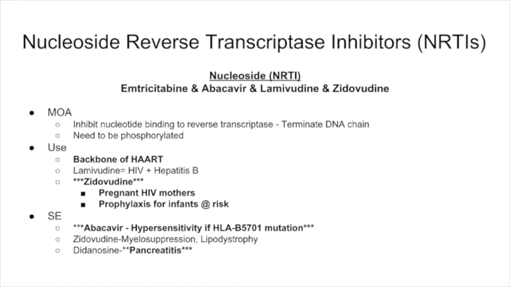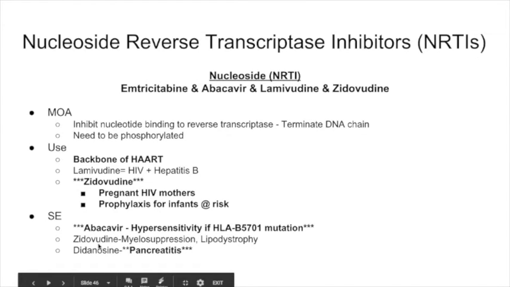And patients that are of Asian descent have a high risk of having this specific mutation, and we test a patient for HLA B5701 before starting abacavir. It's very important clinically, and it's very important from a test examination standpoint.